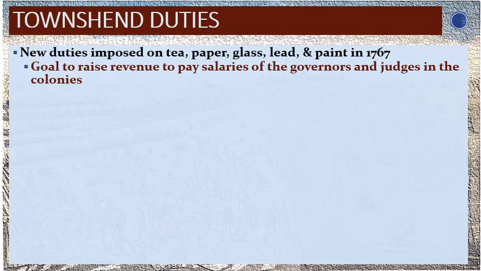It would come directly out of the taxes. Ooh, that's kind of scary, because withholding your governor's salary is one way you can keep your governor from causing you trouble.